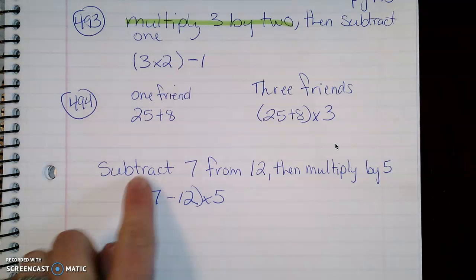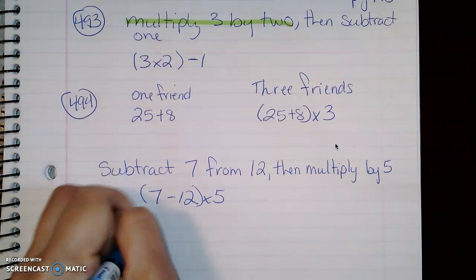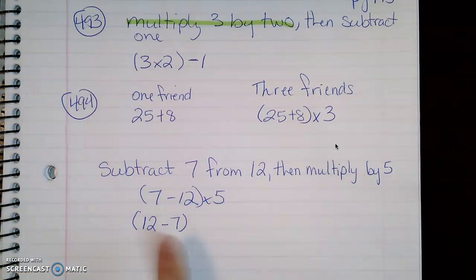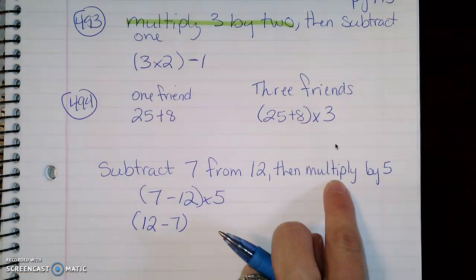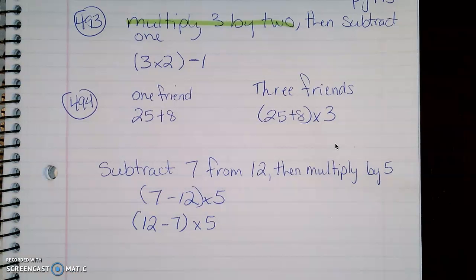If I say subtract 7 from 12, you're going to go to 12 and take the 7. So this is written backwards. It really is 12 minus 7, and I have to put parentheses there because with order of operations, I would multiply first if I don't put those parentheses, and then multiply my final answer times 5.